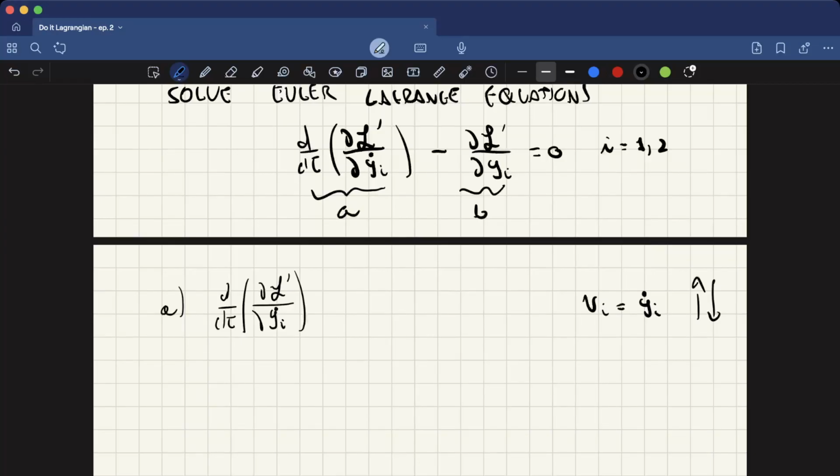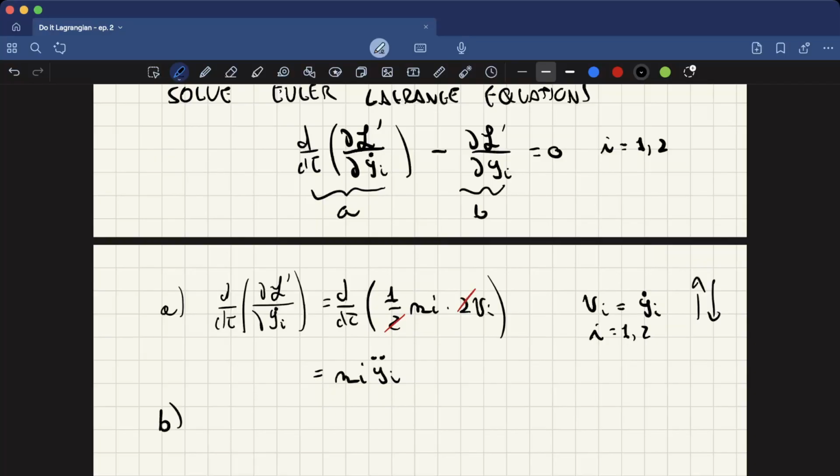So here i goes from 1 to 2, what we can have is d in dt 1/2 m of i, okay, times 2 v of i, okay, because we simply derive in terms of yi dot, and if we do simply the time derivative the 2 cancels out, okay, we can have m of i times yi double dot.